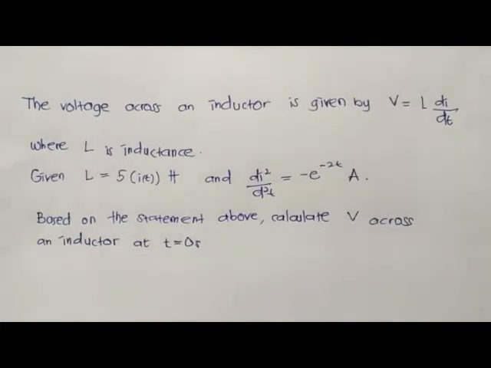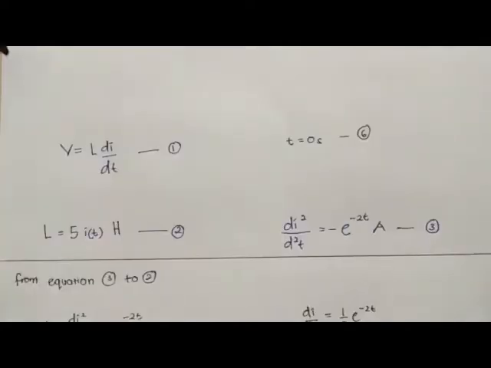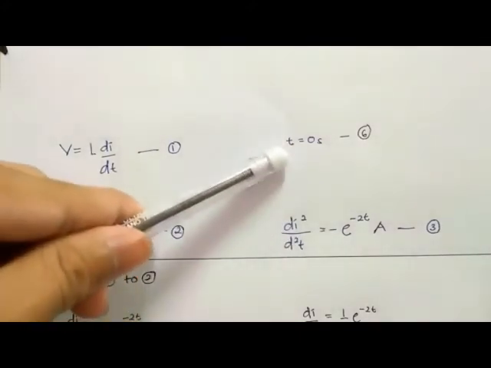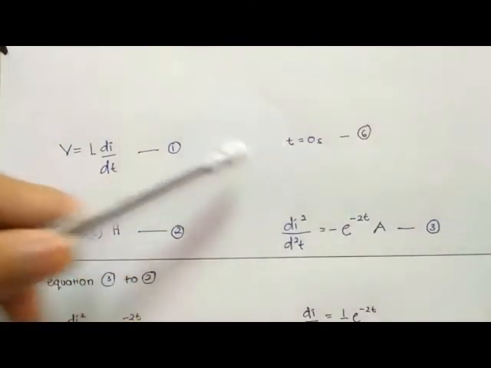So, the question is calculate V across an inductor at t equal to 0 second. Then, write down all the equations given in the statement as equation 1, equation 2, equation 3, and an extra equation for the last answer.